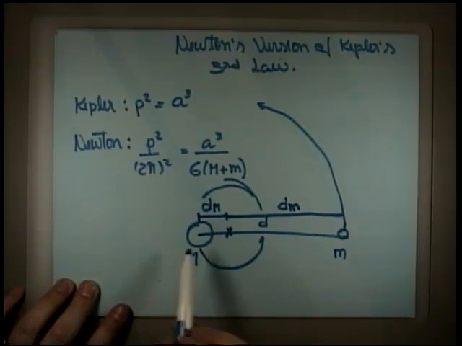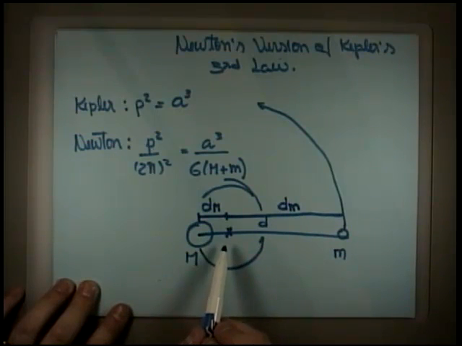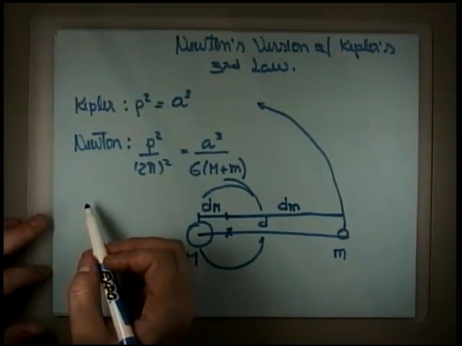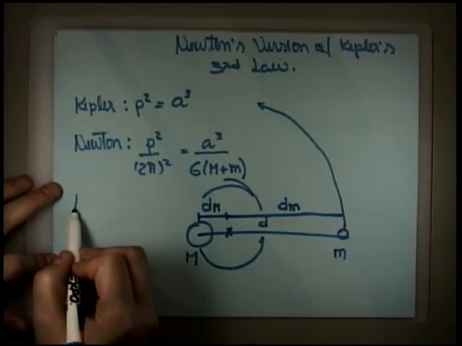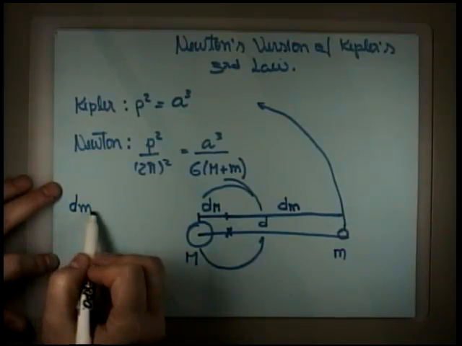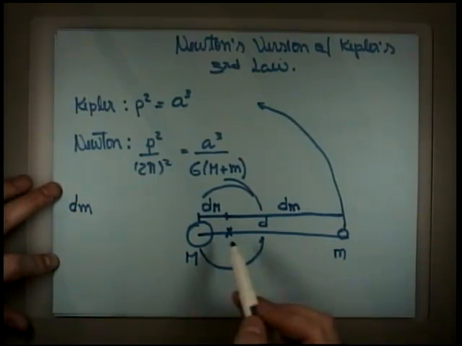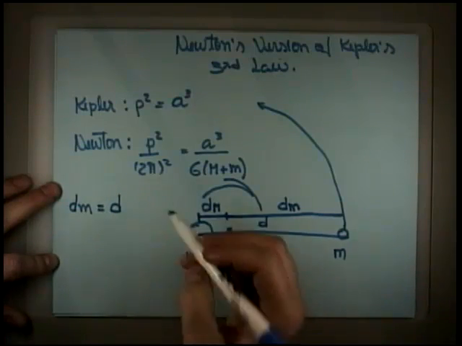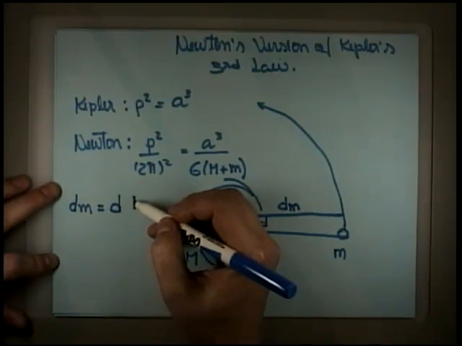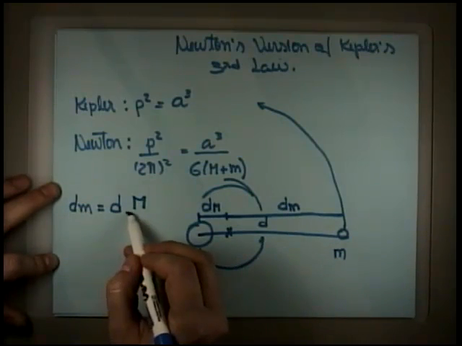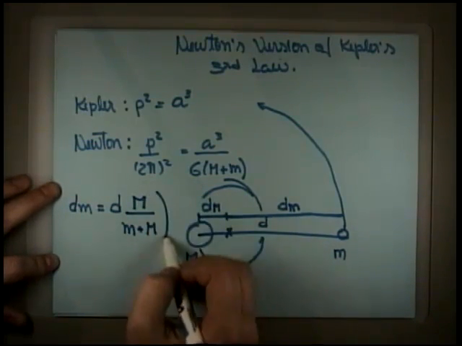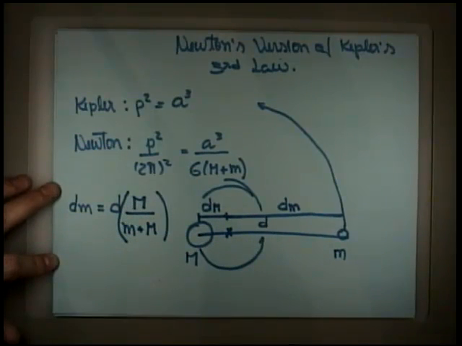Now, the position of the center of mass depends on the mass of these two bodies in such a way that d little m, the distance from the little body to the center of mass, is equal to the total distance d from one center to the other, multiplied by big M divided by little m plus big M. And you can write an analogous relationship.